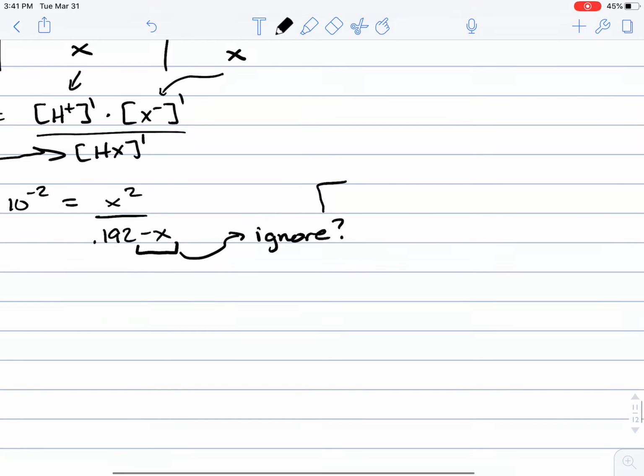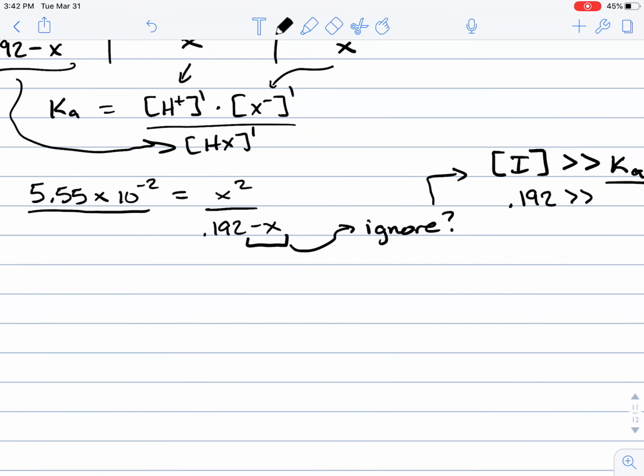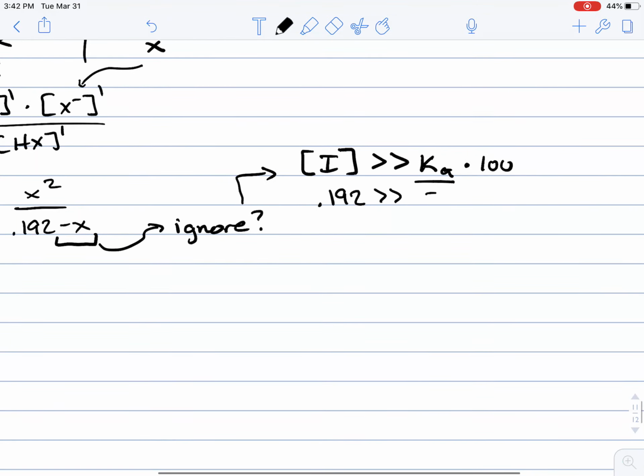And so to answer this question, we're going to go ahead and prove whether or not this statement is true or false. Is the initial concentration far, far greater than Ka times 100? And so since the initial concentration is going to be 0.192, and if we take the Ka value, which is 5.55 times 10 to the negative 2, and if we multiply that by 100, will that statement still hold true?